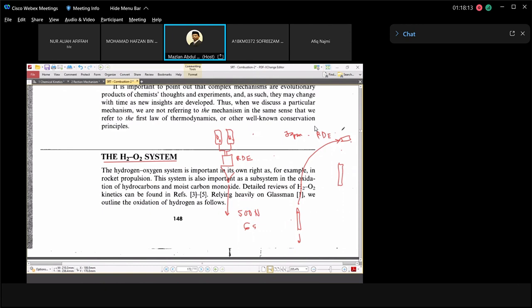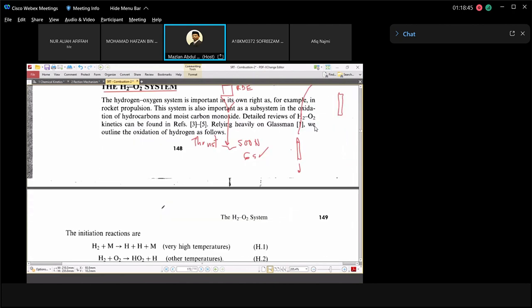It runs only for 6 seconds to produce about 500 Newton of thrust using hydrogen and oxygen fuel.